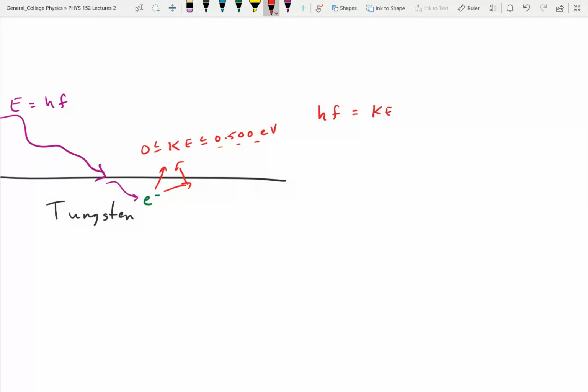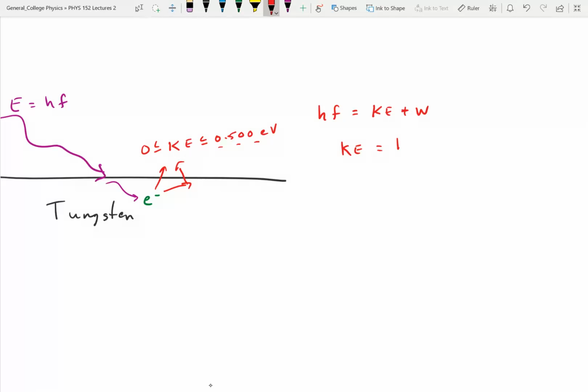The kinetic energy of the electron, but then it takes a certain energy to escape, minus the work function, minus the energy to escape. So kinetic energy should equal, that's a plus sign there because it lost it.